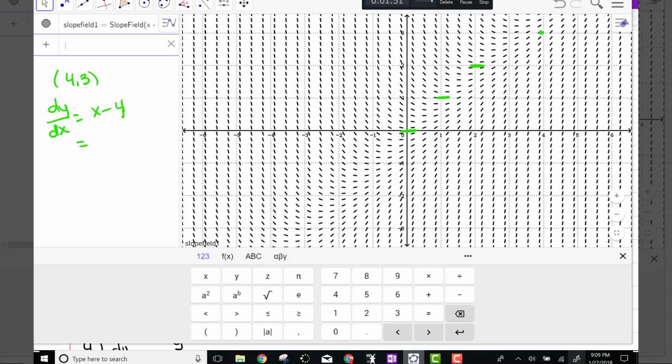So this gives me 4 minus 3, which is 1, which means right here the slope should be 1, which is what it is. So a slope field is made by plugging in x and y values and determining slopes at a given value. So if you're given some functions and some slope fields, all you need to do is test them and see which ones work.